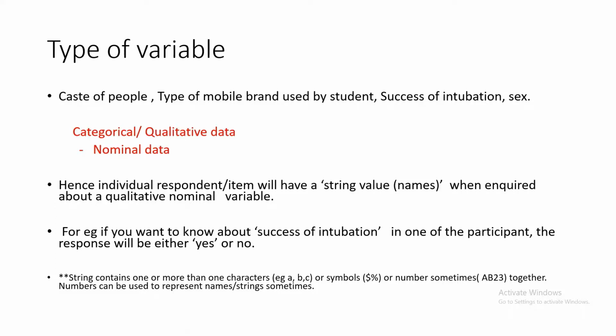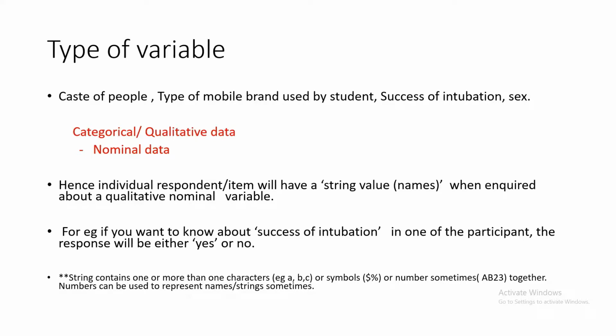Because caste of people may be Brahmin, Kshetri, and many other, there is no rank, and this is just a name, so therefore this is a nominal data. Mobile brand used by student, success of intubation, it is either yes or no, it is a nominal data.